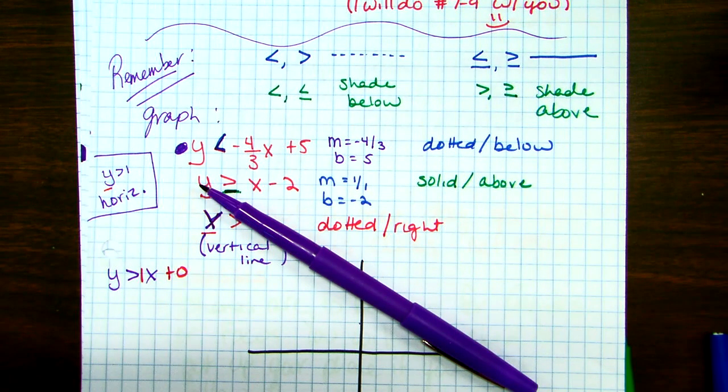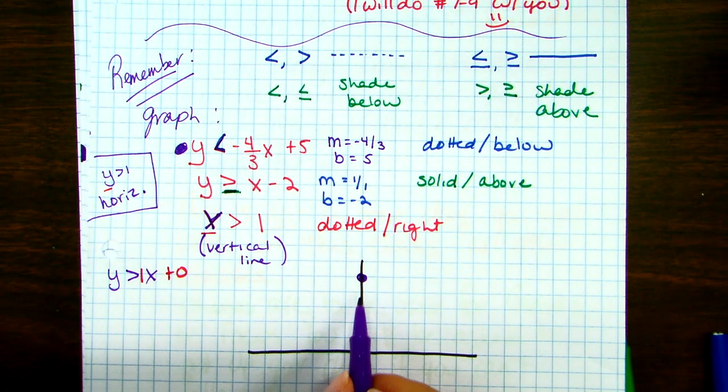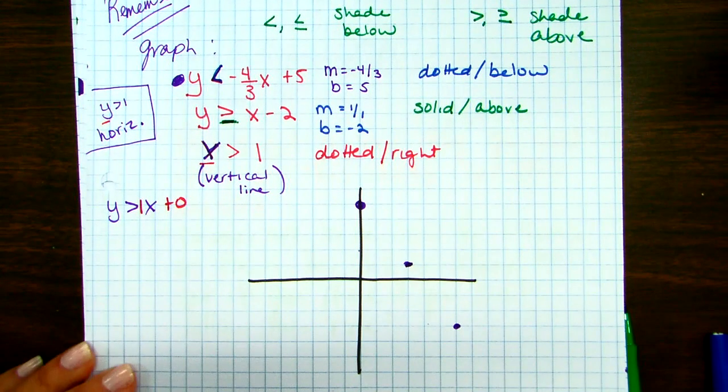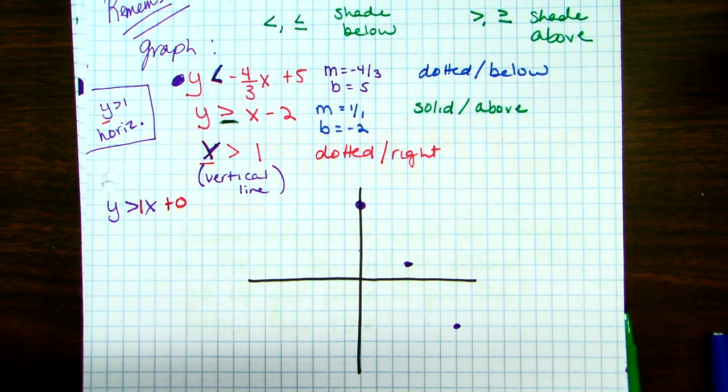So I can either go up and to the left if it gets me off the graph. I don't want to go that way. Or down and to the right. So I'm going to go down 1, 2, 3, 4, 1, 2, 3. Maybe I'll do another one because I don't know what the other graphs look like. 1, 2, 3, 4, 1, 2, 3. Okay? So I just put a few of those on there.